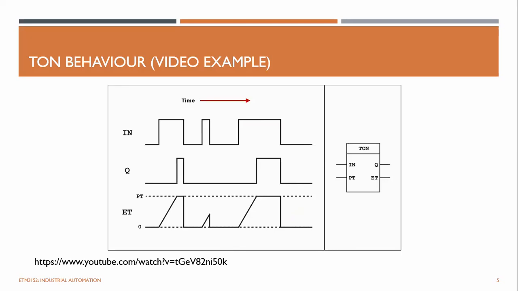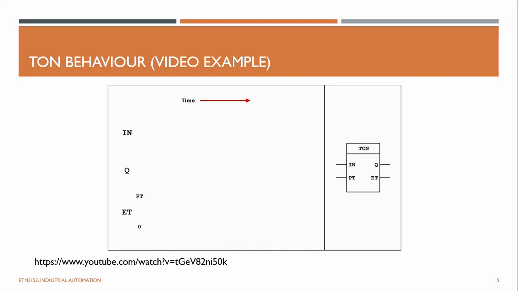Remember that this on-delay timer turns the output on after a delay. So let's start by just turning on the input. And you can see what happens here is that the elapsed time started to count. You can see it started to go up a little bit towards the PT.